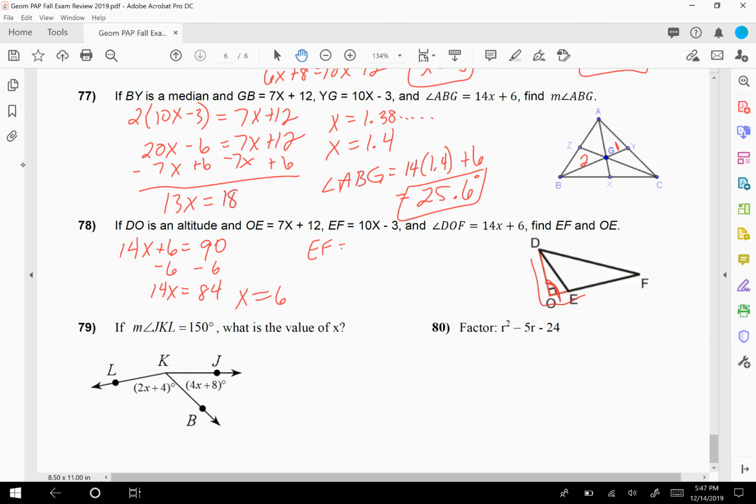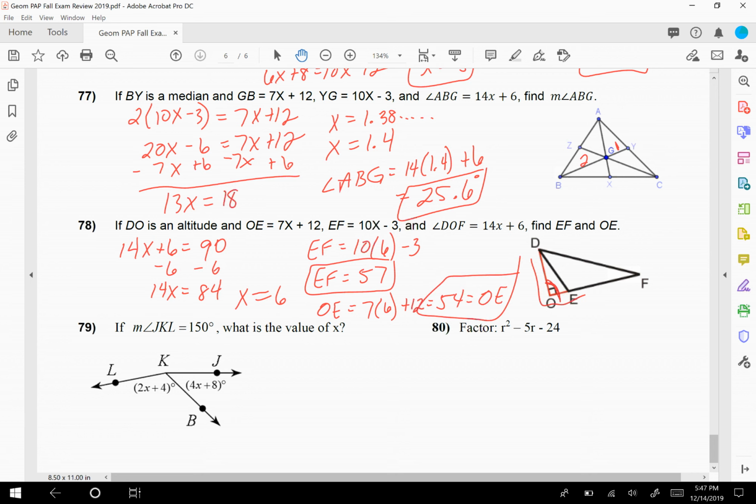So EF is 10 times 6 minus 3. So EF is 57, because 60 minus 3 is 57. And now OE, do the same thing. 7 times 6 plus 12. So you have 7 times 6, which is 42. Add 12 to that, and you get 54. And that's OE.